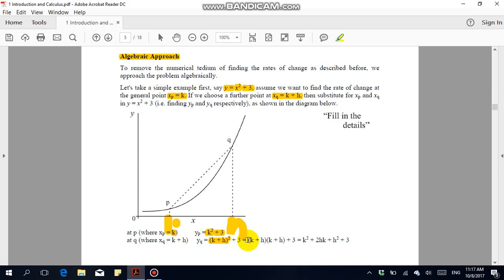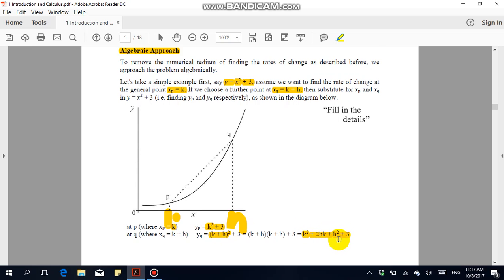And when you open up algebraically, you're going to get this result: k squared plus 2hk plus h squared plus 3. You must remember this formula, a squared plus b squared plus 2ab. This is that formula being applied right now.